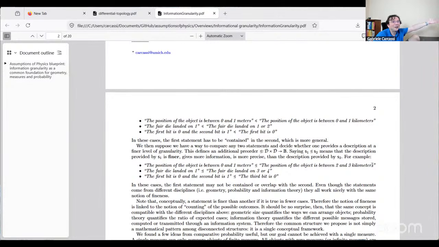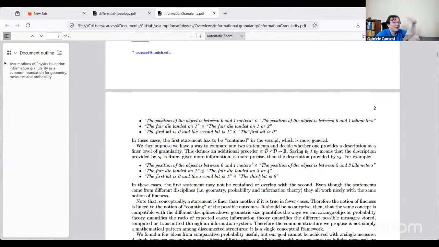It tells you, if this is true, I know a lot more information than about the other. And the insight is that geometry, probability, and information theory are the same thing. If a region is smaller than another region, it's because if I tell you something is in that region, it's a lot more information than if I told you the other thing is in the other region.